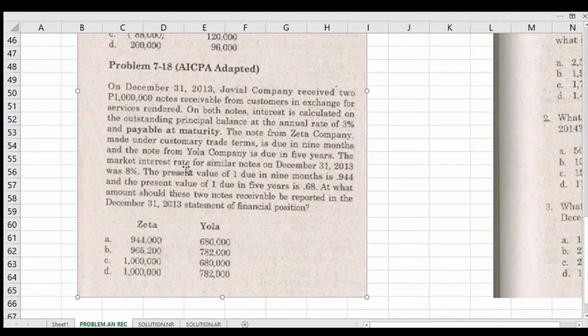The market interest rate for similar notes on December 31, 2013 was 8%. The present value of one due in 9 months is 0.944, and the present value of one due in 5 years is 0.68. At what amount should these two notes receivable be reported in the December 31, 2013 statement of financial position?